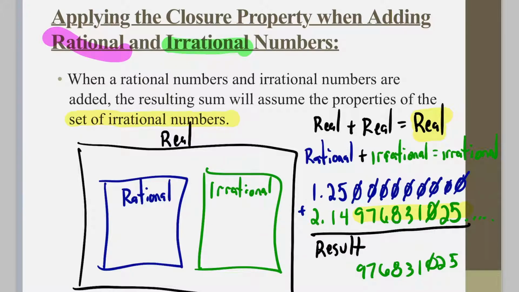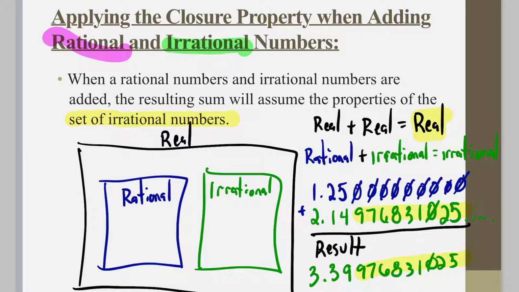And now the 5 and the 4 is a 9. 2 and the 1 is a 3. And that is a 3. So what you see is that all of these numbers that continue on and on and on forever are also in the result. And since they're also in the result, we have to conclude that our resulting number is classified as irrational.